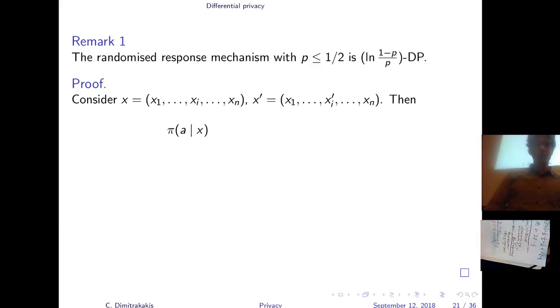Okay, so before we finish for today, I will just show that if we are using randomized response, and the p that we say is less than a half, so we say the truth more often than not, then the definition satisfies differential privacy. So now we have no data from one person, but we have data from many, many different people, okay?